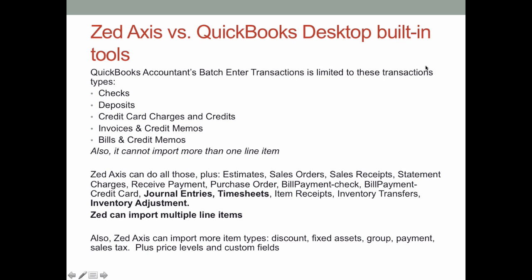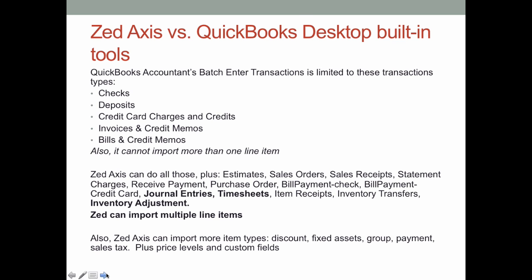So don't look into third-party software if you can do everything within the built-in tool. However, if you need to pull extra transaction types, or if you don't want to mess with the IIF stuff, now IIF is a possible thing you can do, but if you don't want to mess with the IIF stuff and you want to use the extra transaction types, that's a good scenario where you can use Zed Axis.